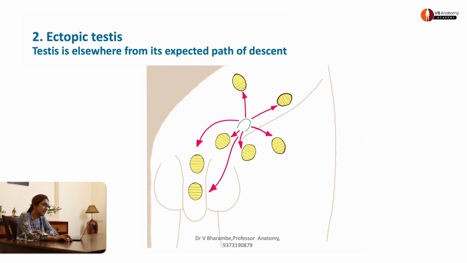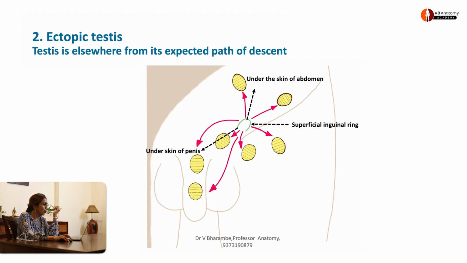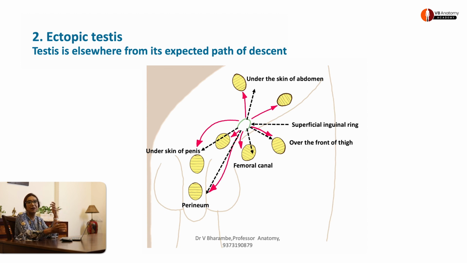So when the testes come to the superficial inguinal ring, they can go to the anterior abdominal wall below the skin. They can go under the skin of the penis. They can go into the perineum. They can go into the femoral canal or into the anterior aspect of the thigh. So you have to look for testes in all these places. These are ectopic testes.